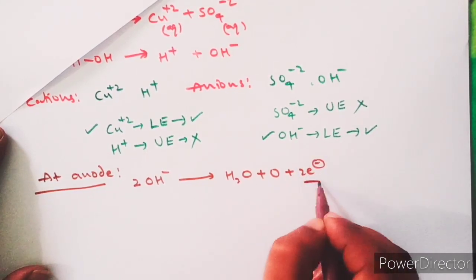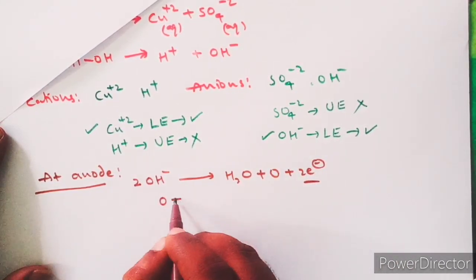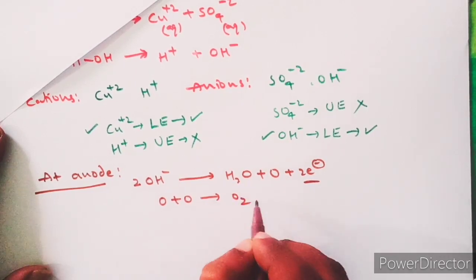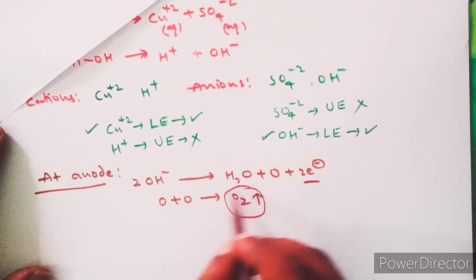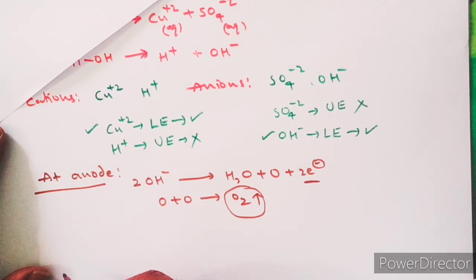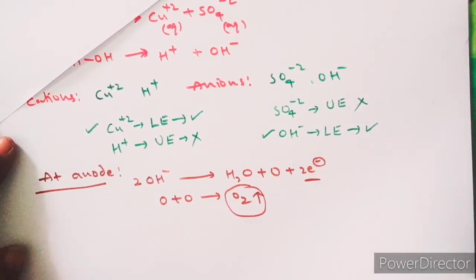It is releasing 2 electrons. Then 2 oxygen atoms combine together to form oxygen gas. So remember, if hydroxide ion is involved in oxidation at the anode electrode, the product is oxygen gas.